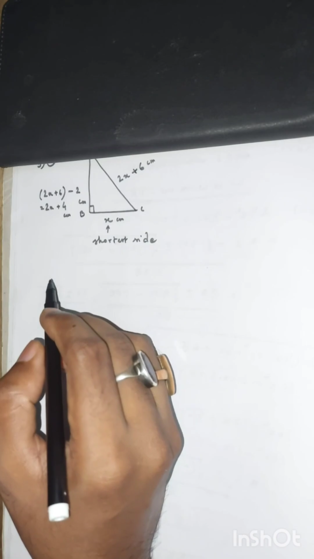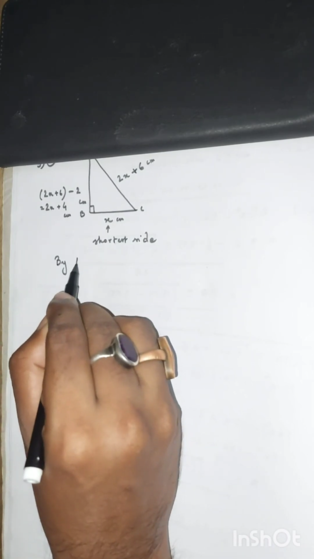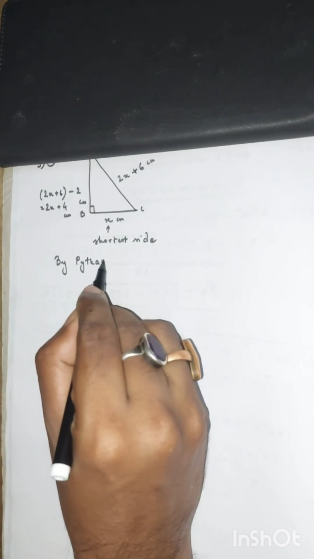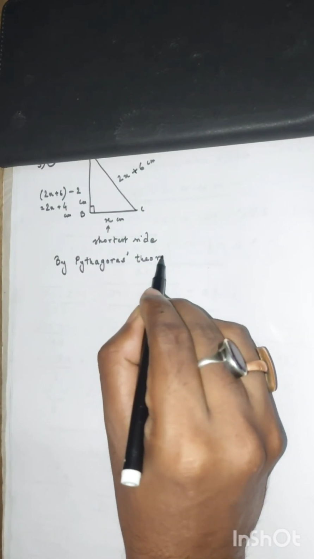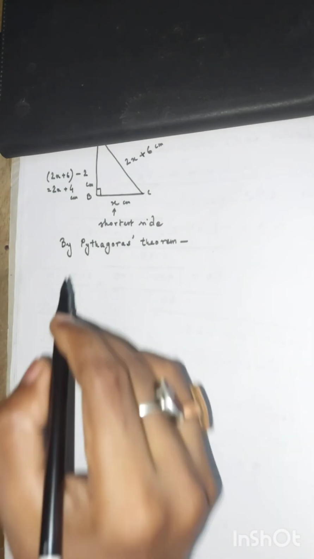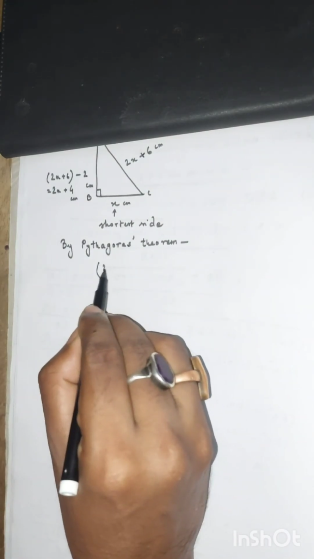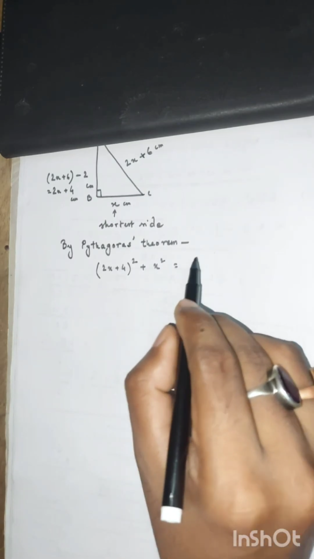So by applying Pythagoras' theorem, perpendicular square plus base square is equal to hypotenuse square.